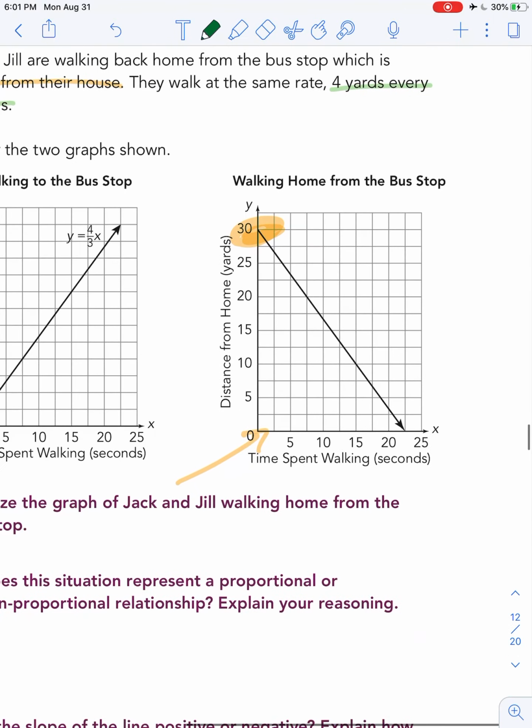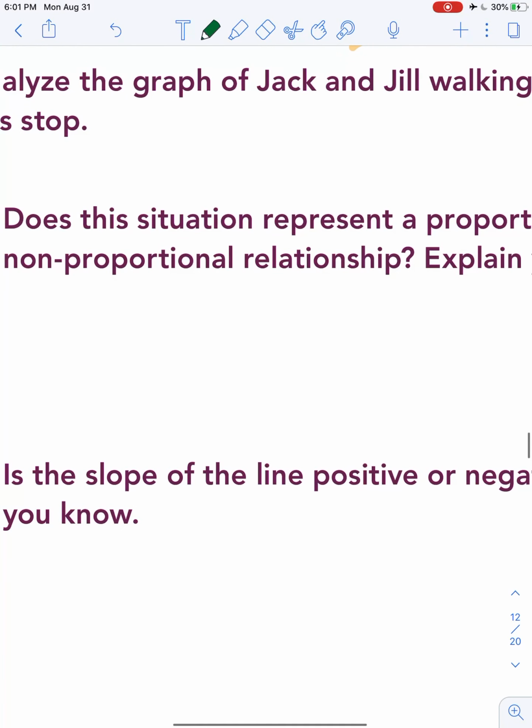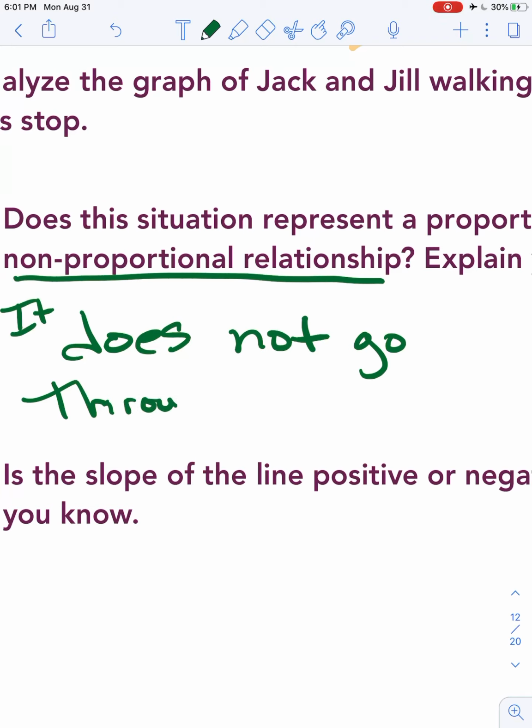So if I'm looking over here, is this proportional or not proportional? Well, as I look at that line, does it go through 0, 0? No, it does not go through the origin, which is the point 0, 0.